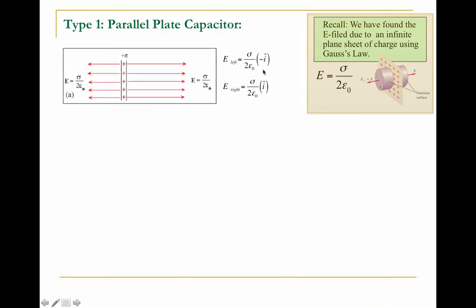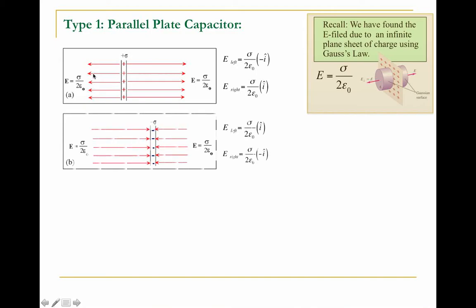Now in the parallel plate capacitor, the negative plate gives the electric field along the direction of i hat on the left and minus i hat on the right, with magnitude sigma over 2 epsilon naught. The positive plate gives the same, except the electric field on the left is along minus i hat and the right region is along i hat.